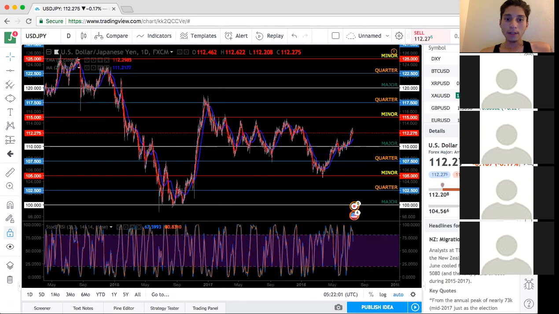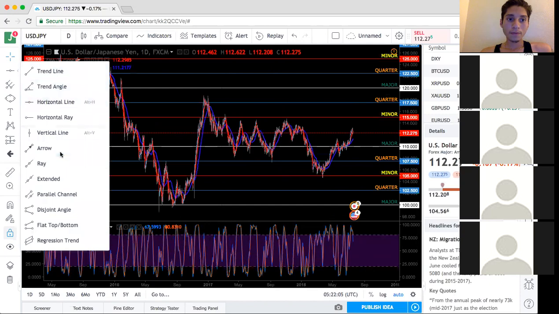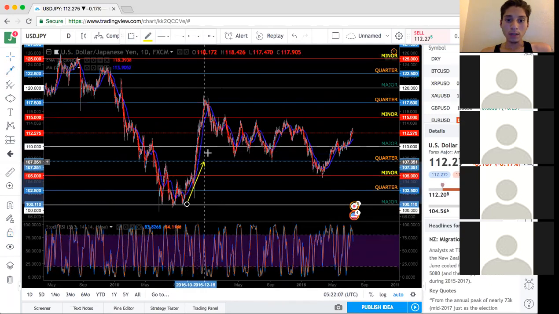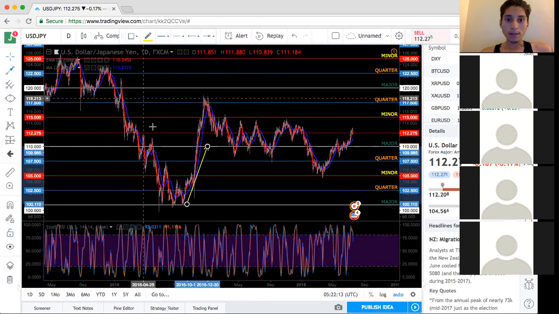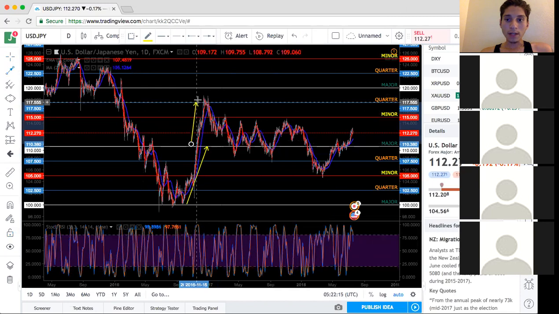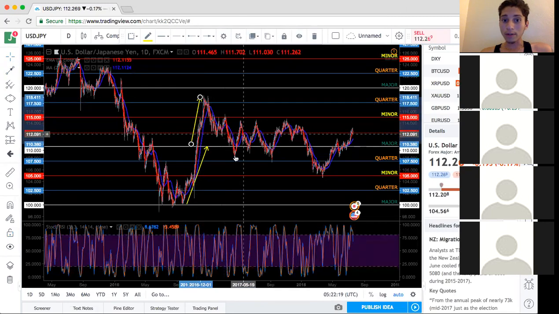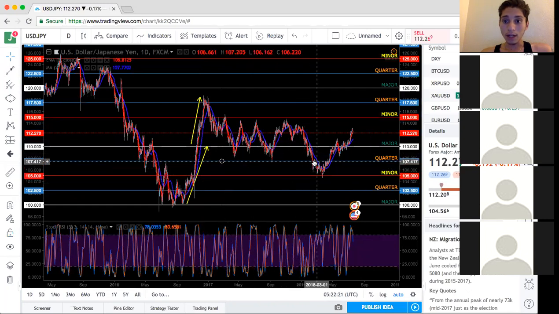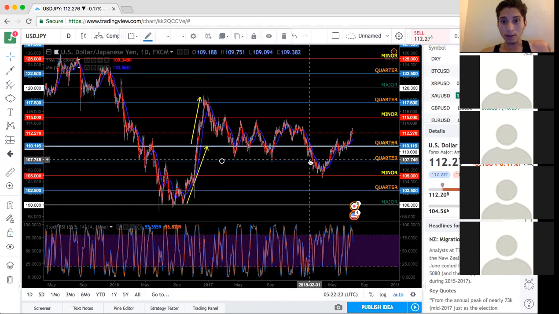So what happened when it reached this major down here? Price shot back up. See how it shot up to this major right here? And then price went all the way up. It didn't go to your next major. It went to your quarter level, which is 750 pips. I don't know about you guys, but I could go for an extra 250 pips.